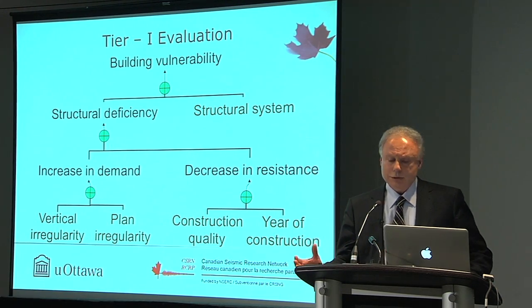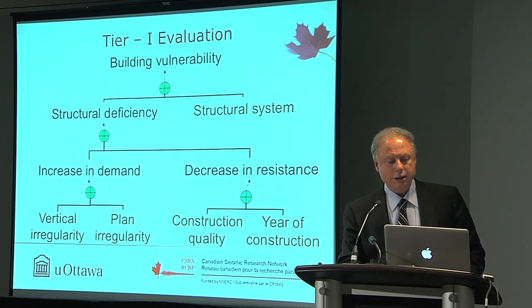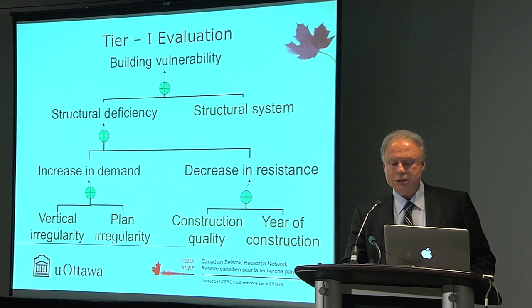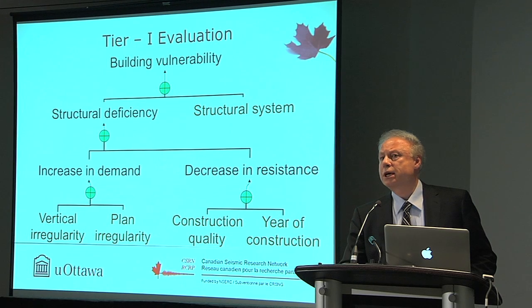And decrease in resistance is how well you design it. That's the other parameter, both of which will lead to structural deficiency. And the structural system also has a contribution because, everything else being the same, shear wall buildings would perform better than frame buildings, for example.